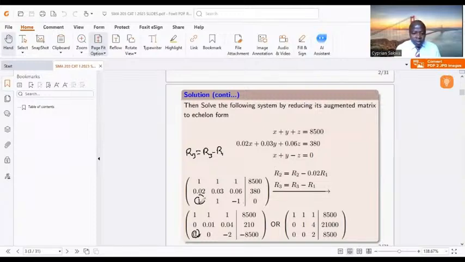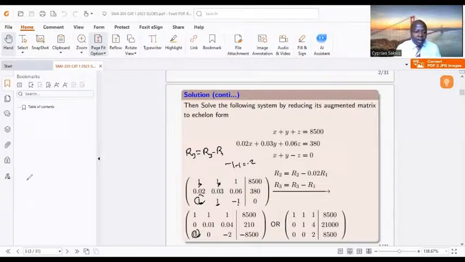So this 1 minus this 1 gives me this 0. This 1 minus this 1 gives me this 0. And this negative 1 minus this 1 gives me negative 2. That's the negative 2 you're seeing here. And then at this point, I have 0 minus 8,500, and that gives me negative 8,500.